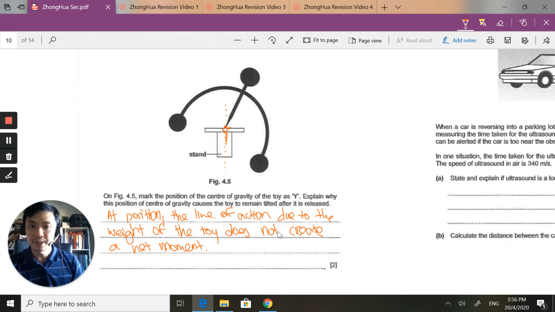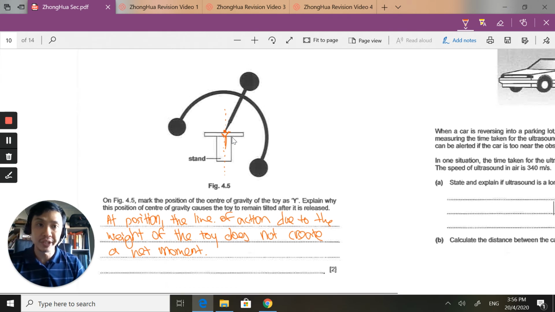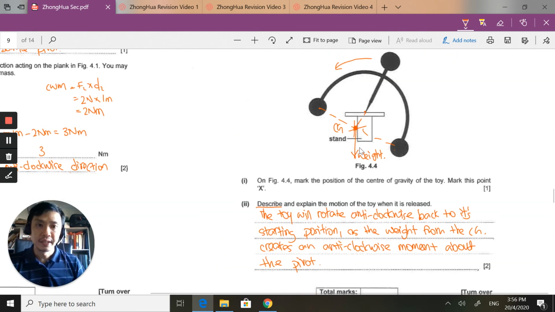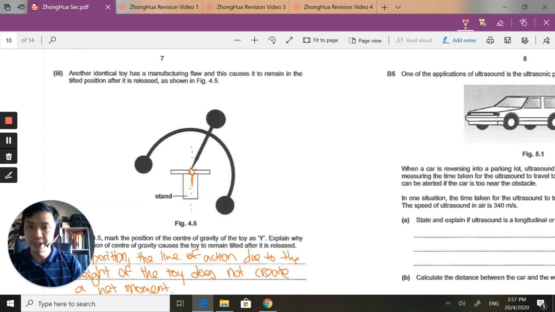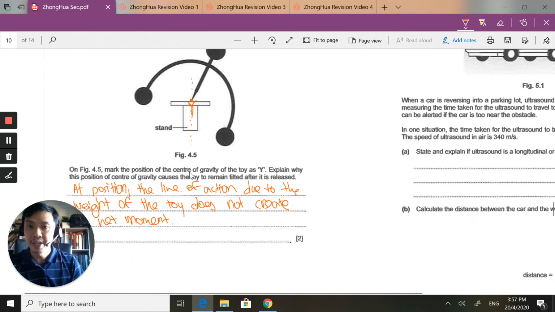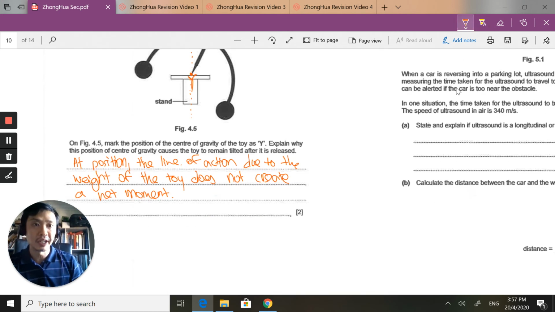Very important, you have to understand the theory of CG and its position and how that creates a moment if it is not in line with the pivot point, or what happens if it is in line with the pivot point. Some keywords that you have to take note of when answering questions like this: use line of action, moment in this case.